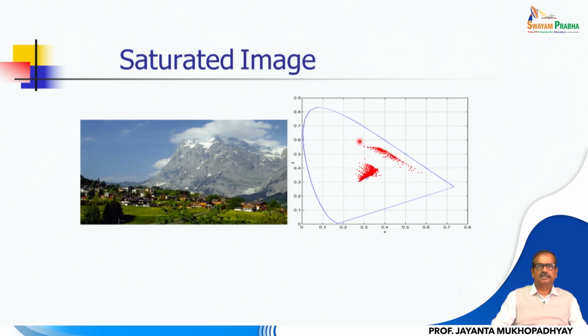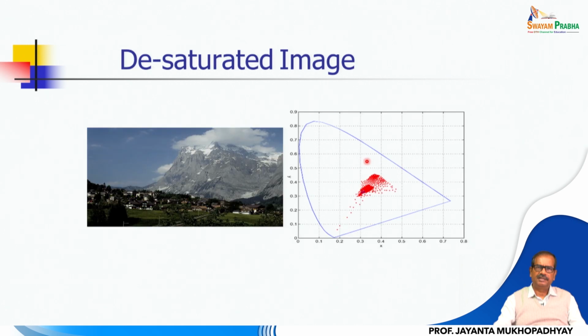So, when we are making a saturated image, by leaving aside some of the points which are near the white point, we move every other point towards the triangular edge. So, this is how the saturated image and this is how the desaturated image looks.